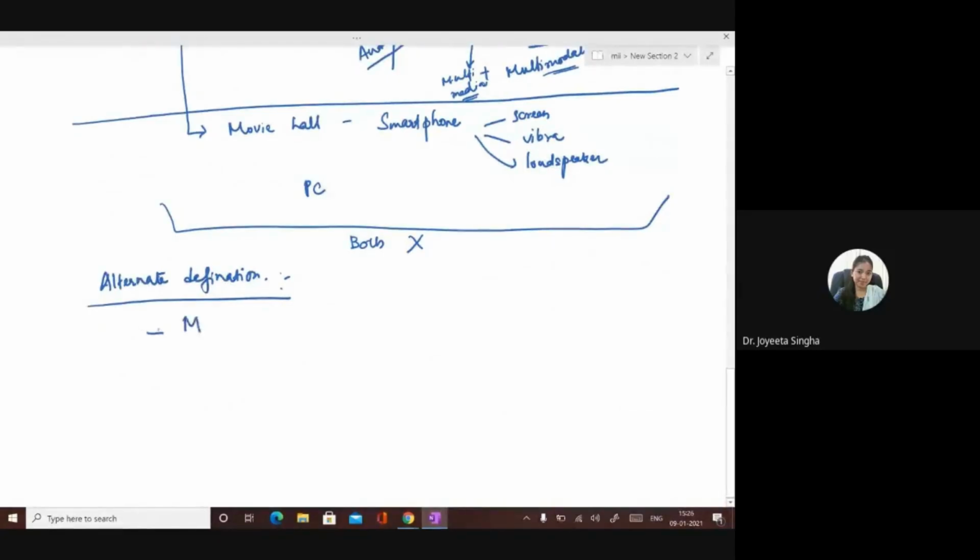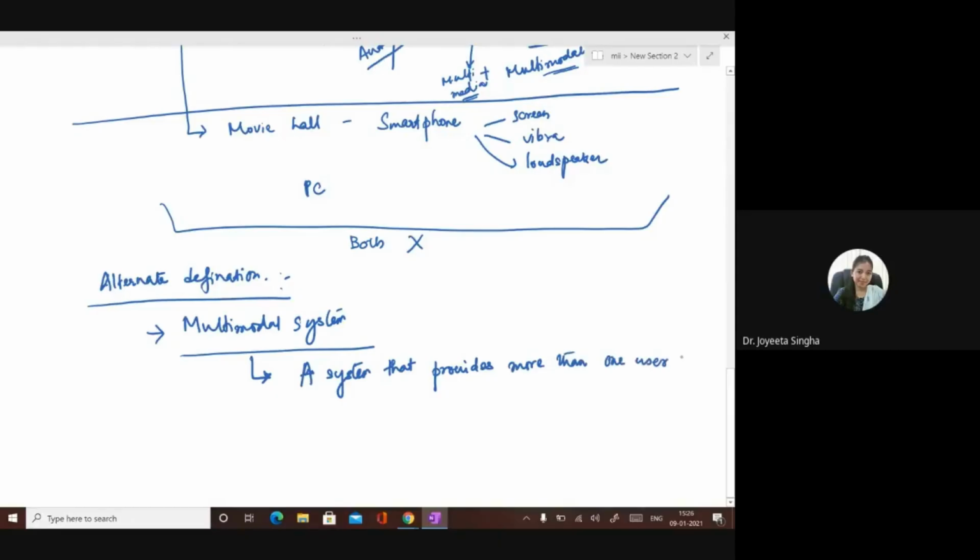So, multimodal systems. A multimodal system would be a system that provides more than one user input mode to interact with it.